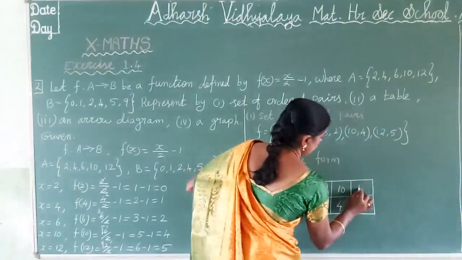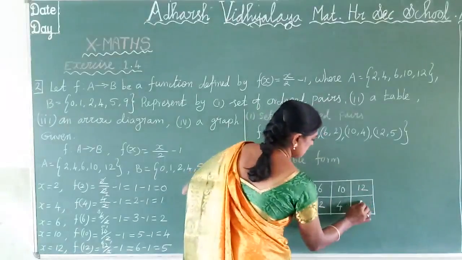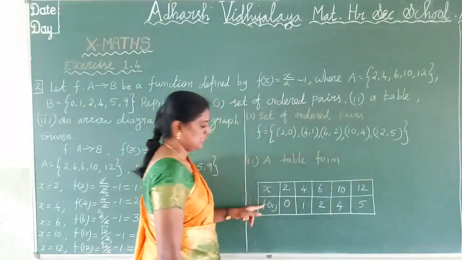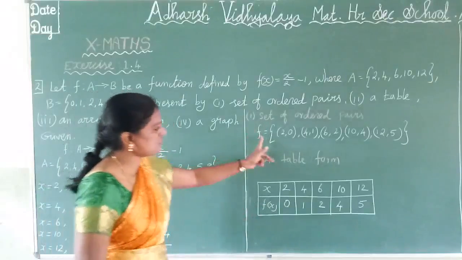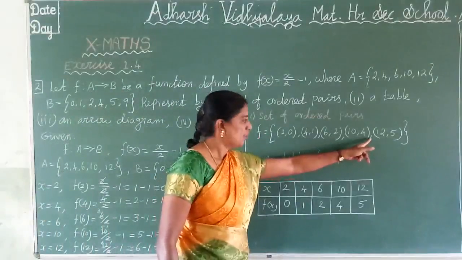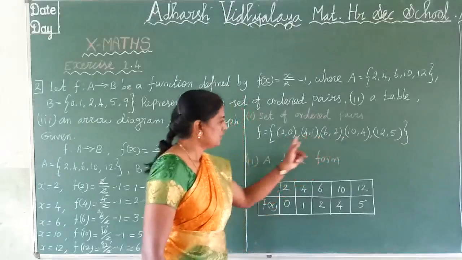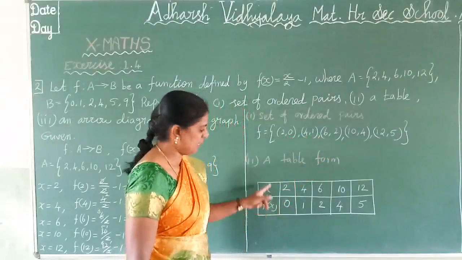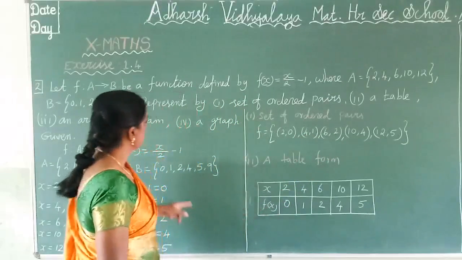And x = 12, f(x) = 5. Is it clear? Set of ordered pairs means you write the points in order, and these points are converted into table form, x and f(x).